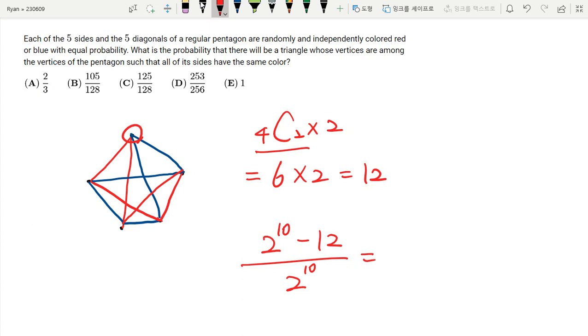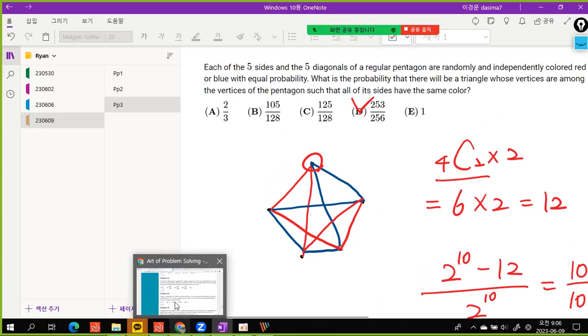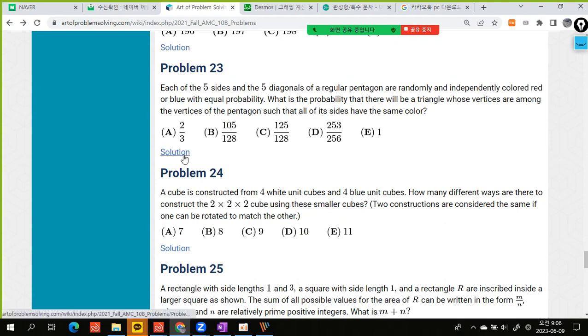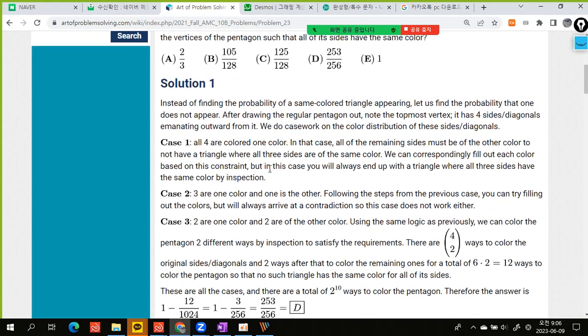And then you can simplify this fraction. Can you find the choice from the options? Yep, you're right, so the answer is D. I think you're right, let's see.